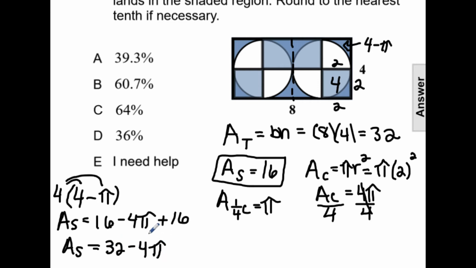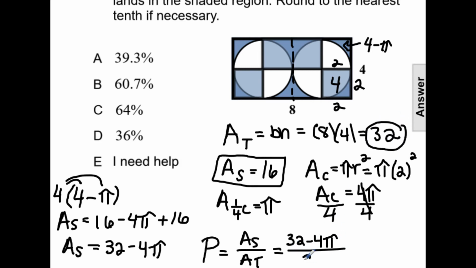Now the probability piece, now that we finally have all our areas, is going to be the area of the shaded over the area of the total. So we have the area of the shaded is 32 minus 4 pi over the total, which we said before was 32. So we can reduce that.